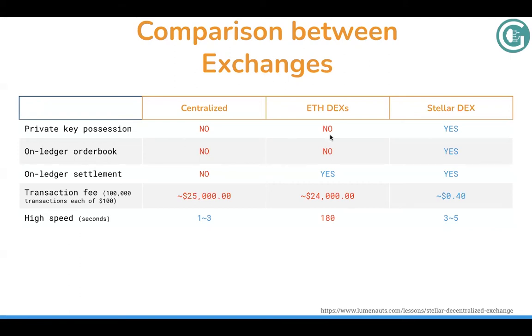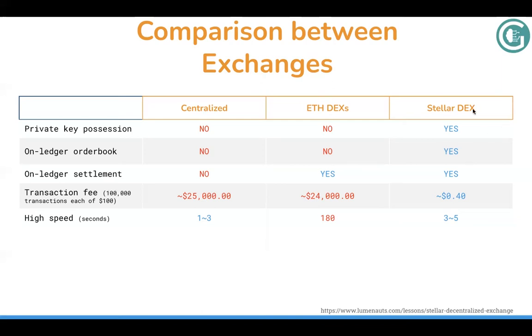Another very popular option when it comes to exchanges is Ethereum-based decentralized exchanges. In Ethereum-based decentralized exchanges, your assets or funds are stored in smart contracts. So in that scenario also, you actually do not have the private key to yourself.